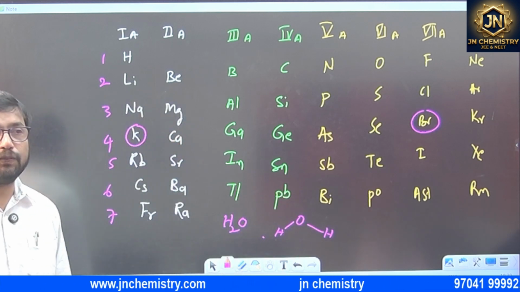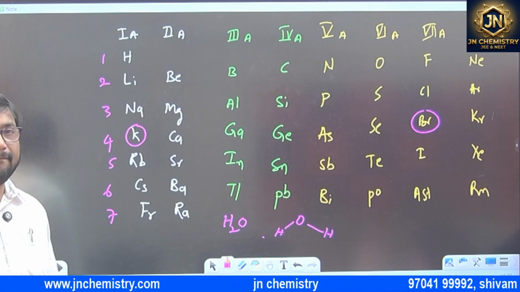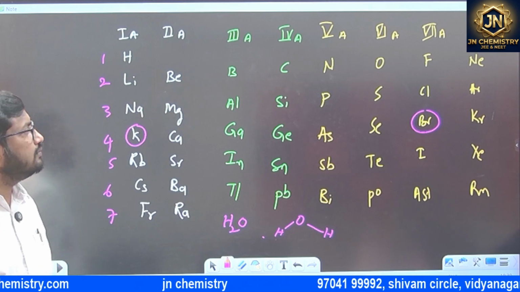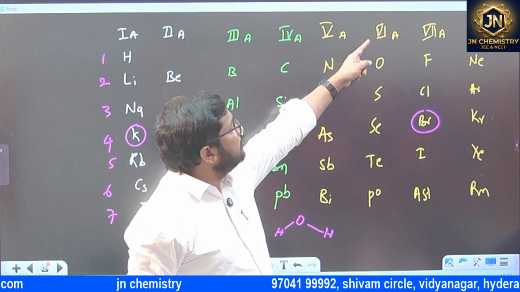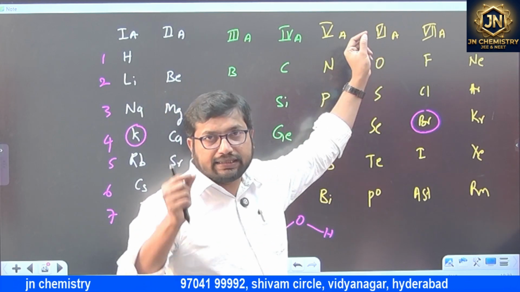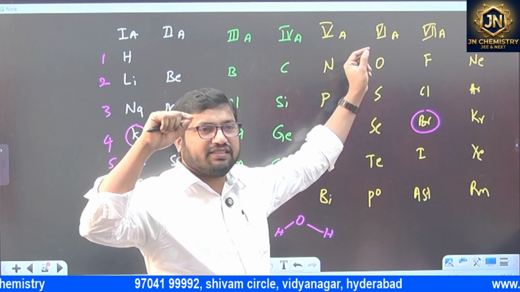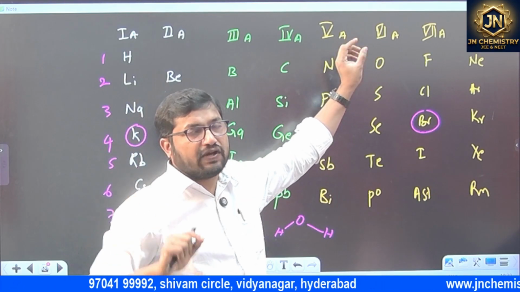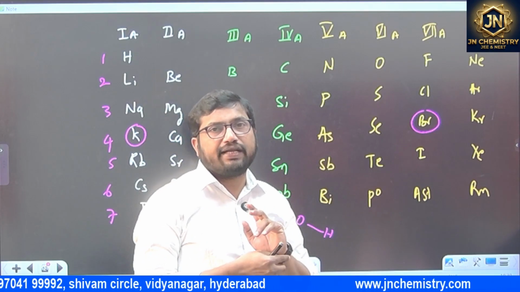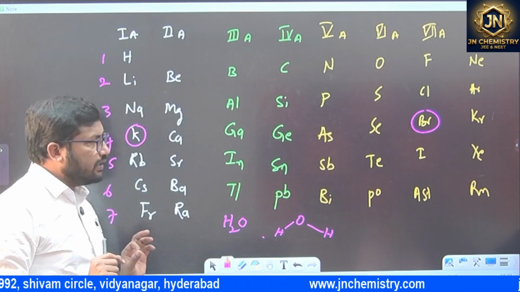Oxygen belongs to which group? Sixth. So you just need to remember that group number is nothing but the number of valence electrons, 6 valence electrons. Is the first thing clear?